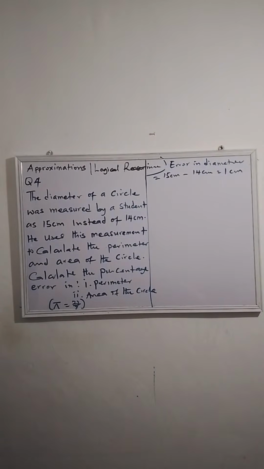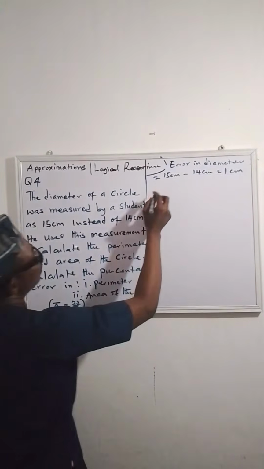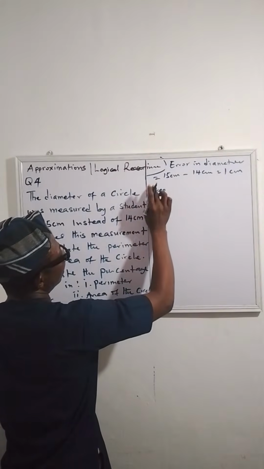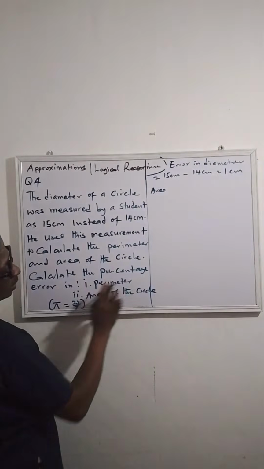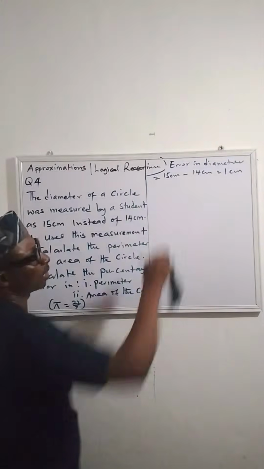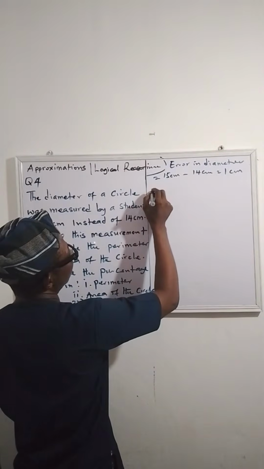So now let's start with the perimeter, because what we have here is the perimeter. Let's see the perimeter of the circle calculated by the student. Now, what is the actual perimeter?